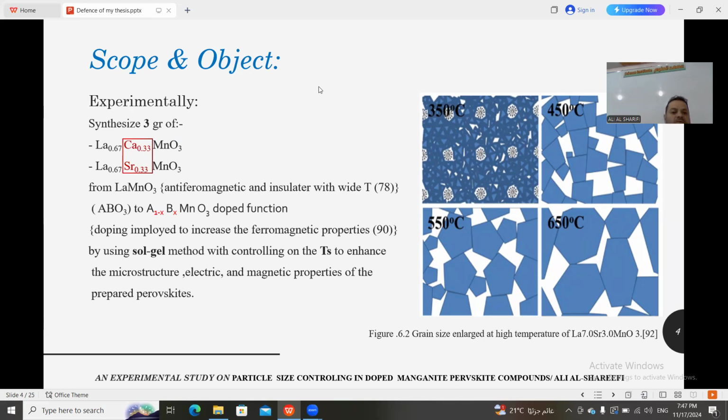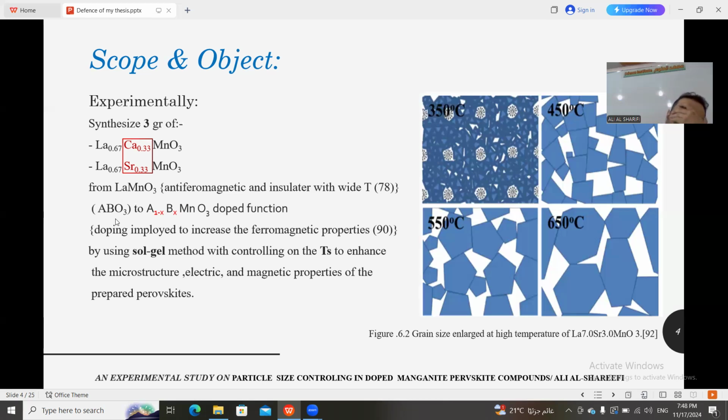Like we know, the molar ratio between the calcium and lanthanum must be 1, so when I select lanthanum to be 0.67, that means the doping element molar ratio will be 0.33. I depend on the undoped lanthanum manganese oxide.